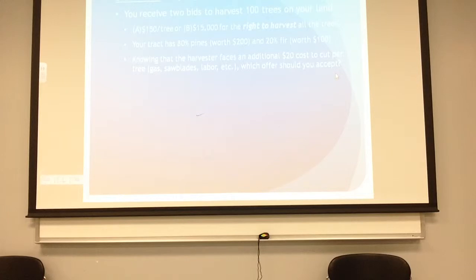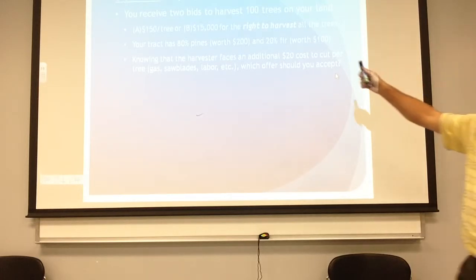And so what's his marginal cost? For contract A, or any harvester for that matter, whether it's A or B, how much is the cost? $20 is the marginal cost per tree, right?